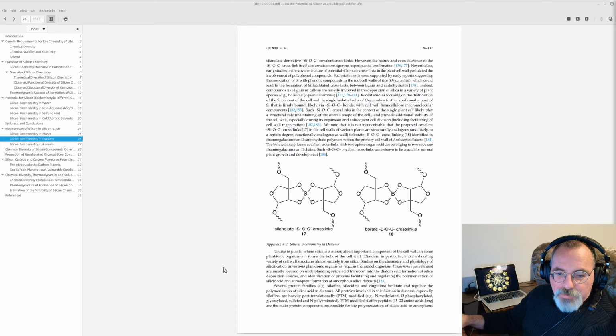Several protein families, for example, silafins, silacidins, and singulins, facilitate and regulate the polymerization of silicic acid in diatoms.